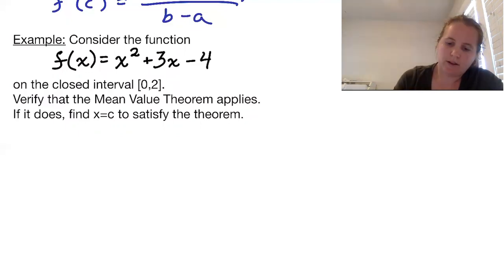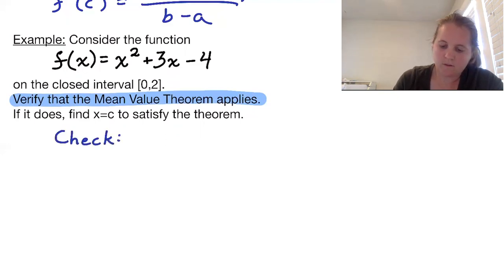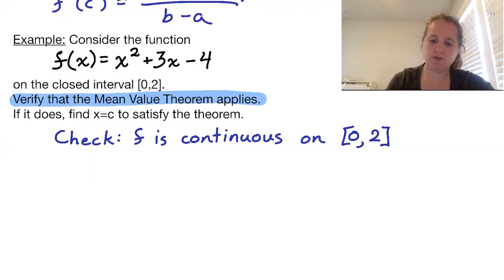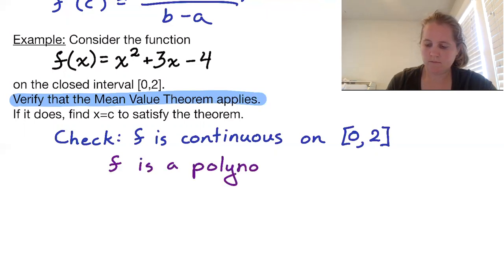So to verify that the mean value theorem applies, we need to check that f is continuous on the interval [0, 2], which, f is a polynomial, so this is definitely true. And so f is a polynomial, so it's continuous.